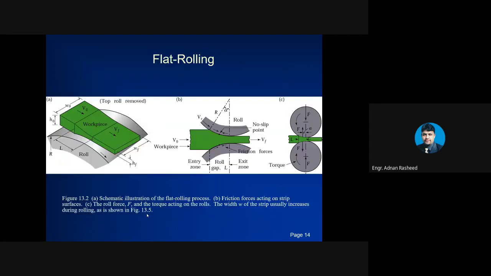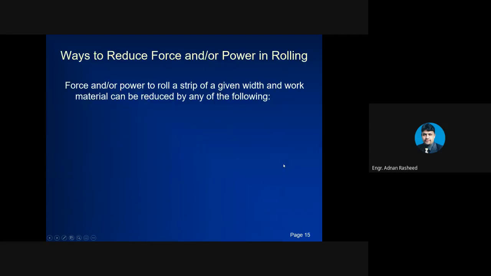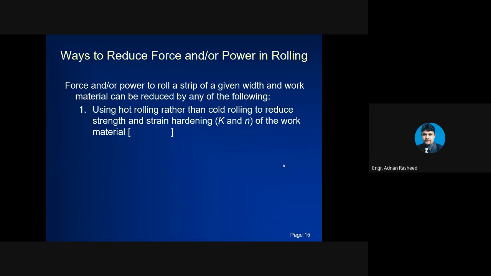Now you have seen that there is friction between the plate and strip. So in this slide we will discuss how to reduce the forces and power in rolling. Force and power to roll a strip of given width and work material can be reduced by any of the following. The first one, using hot rolling rather than cold rolling to reduce strength and strain hardening of the work material.